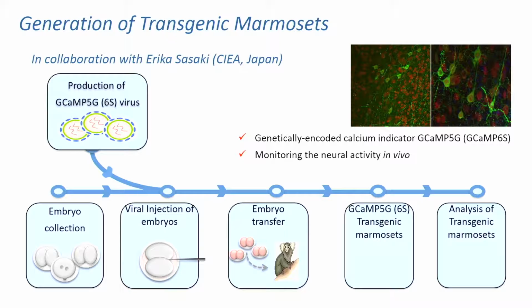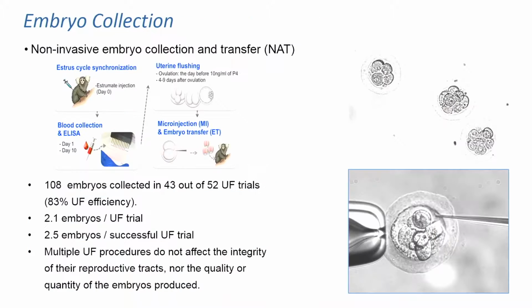And there is a whole cascade of events that needs to happen here. We need to be able to collect embryos from a wild type animal, do the viral injection in the embryos, transfer the animals to a foster mom or a recipient female, pray that this animal will get pregnant and will take the pregnancy to term so that babies are born, and then we do the analysis of the babies. And we got really good with this.